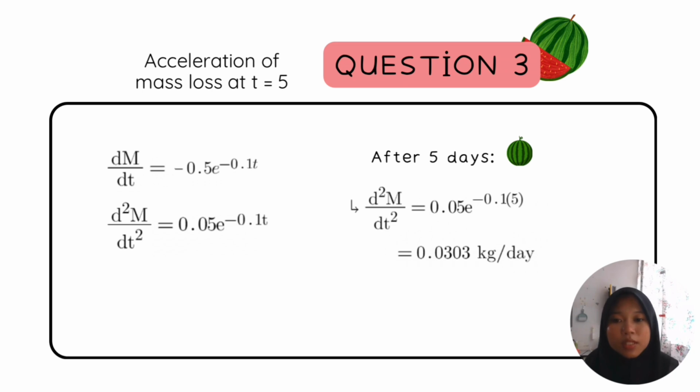Since we know the first derivative is -0.5e^(-0.1t), we can find the second derivative, which is 0.05e^(-0.1t). We take the second derivative, 0.05e^(-0.1t), and substitute 5 into t, and we will get 0.0303 kilograms per day squared.